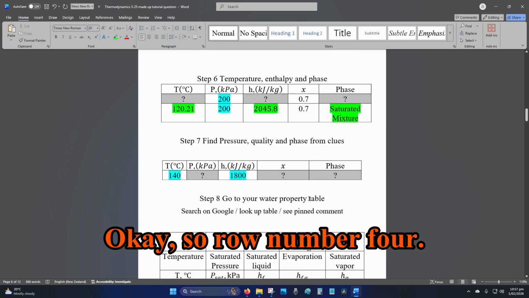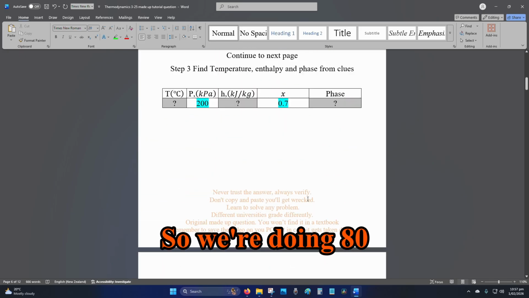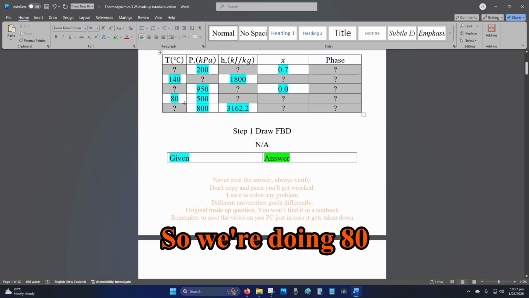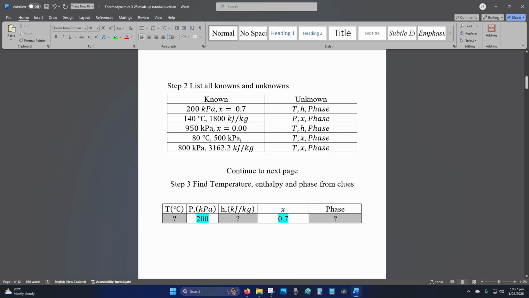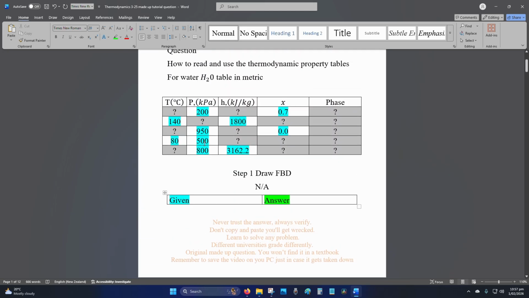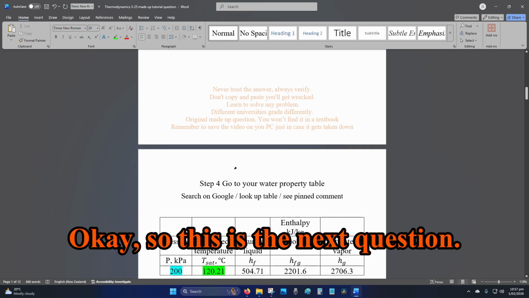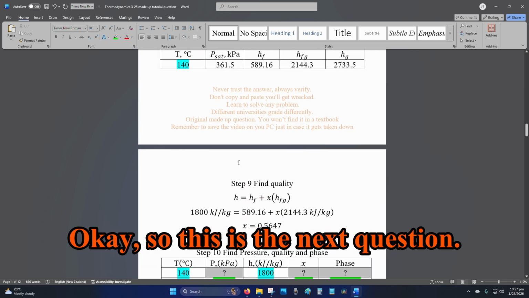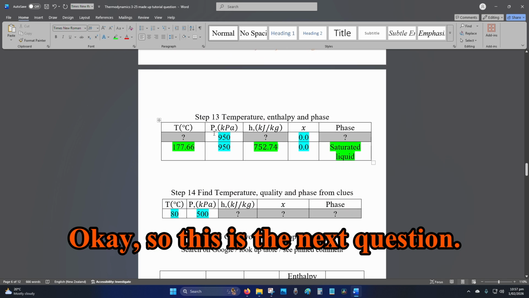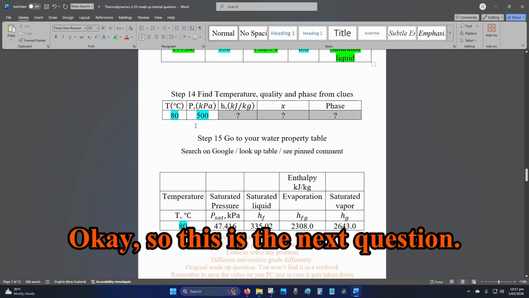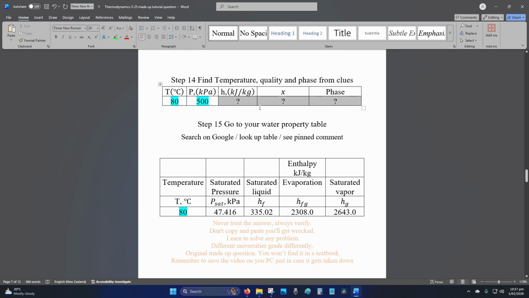Okay, so row number 4. So we're doing 80 degrees Celsius and 500 kPa. Okay. So this is the next question.